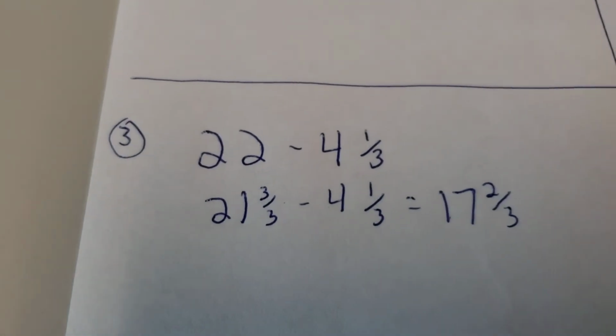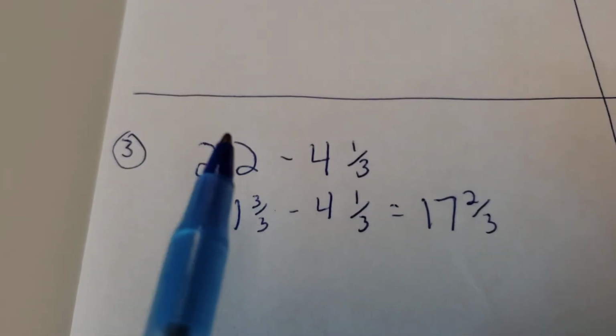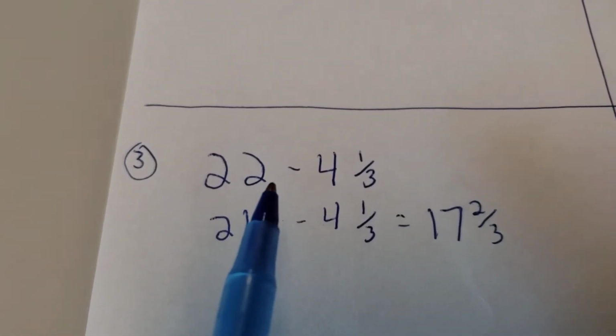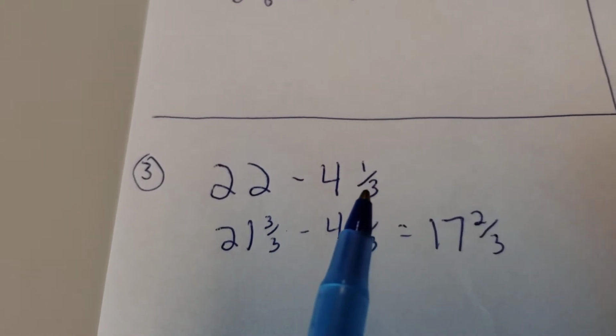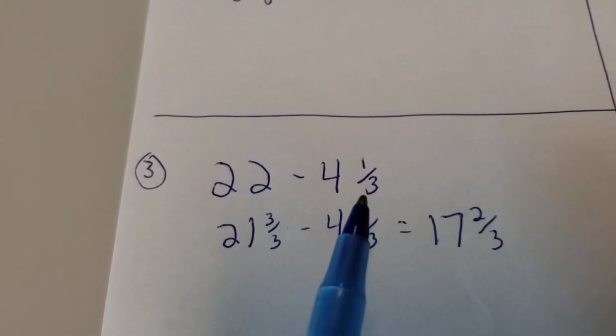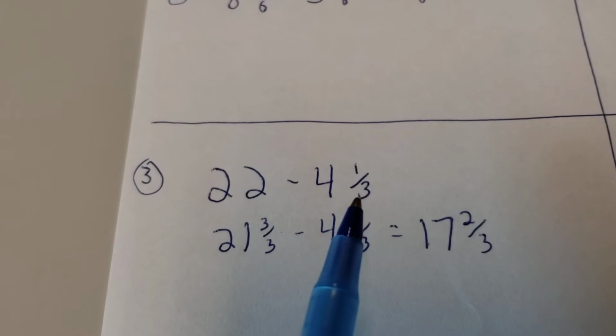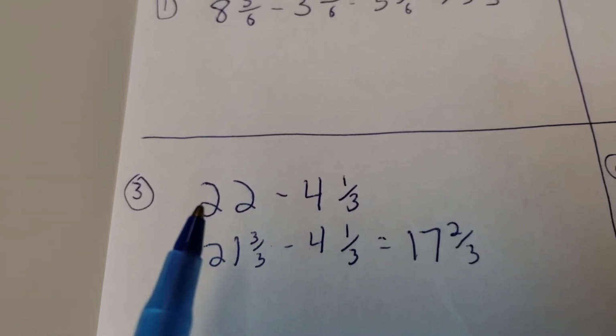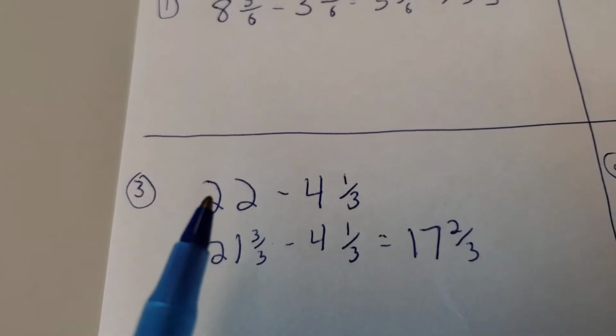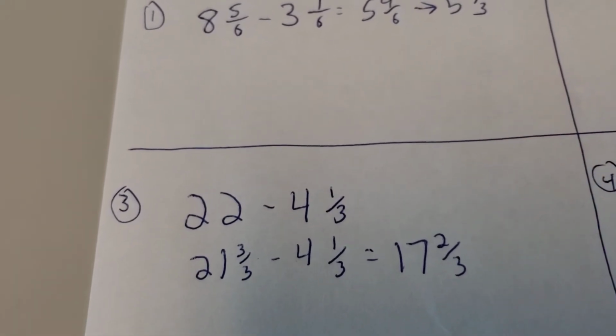All right, number 3, we come across a situation where there is no fraction here to take away 1/3, so that can't work, so I create one. This has a denominator of thirds, so I want to keep it as thirds so I can subtract right away. So what I do is I borrow, just like you always have in subtraction. You borrow from 22, take it down 1, and you get down to 21.